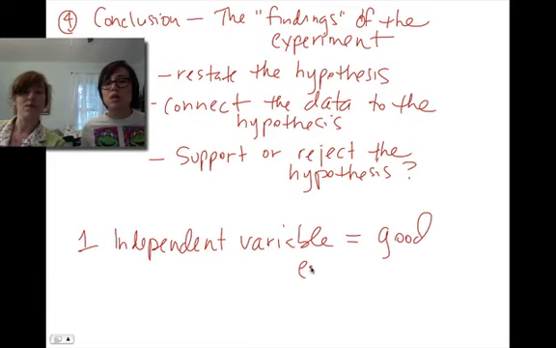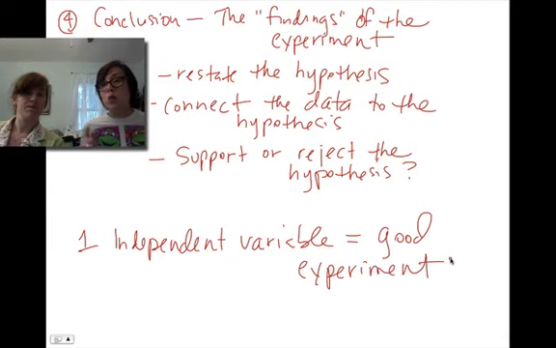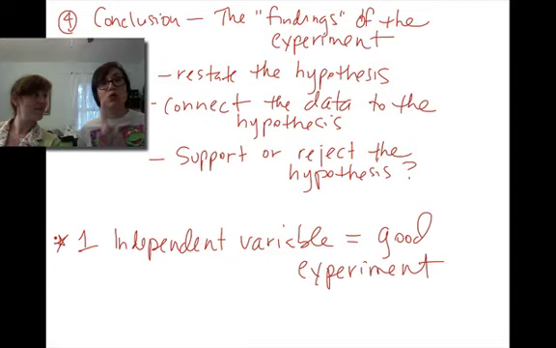So a good experiment only has one independent variable, and I guarantee you that's one of the key indicators to determine whether or not the experiment you're reading about is any good. Yeah, definitely. And when you guys set up an experiment today, wink, wink, because you're going to have to do it, we're looking for one IV. If you're giving us anything more than one, you and your group have made a major mistake, and you're going to have to go back and start again.